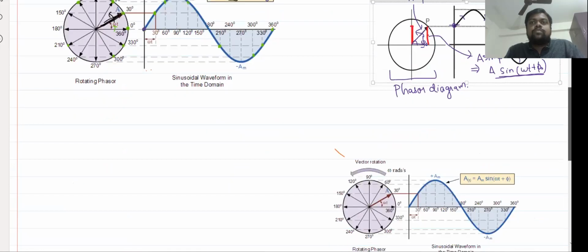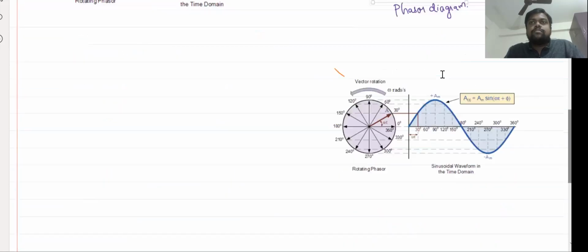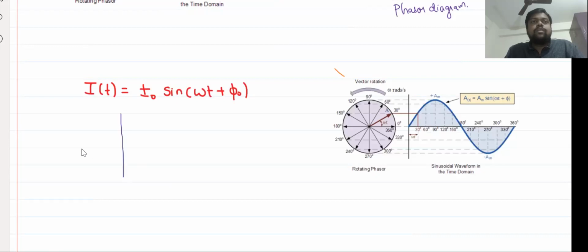Here also you can draw the diagram of current. Suppose current as a function of time, simply you can write I naught sine of omega t plus phi naught. If you want to draw the phasor diagram, what you have to do is take the maximum value of the current amplitude, that is I naught.